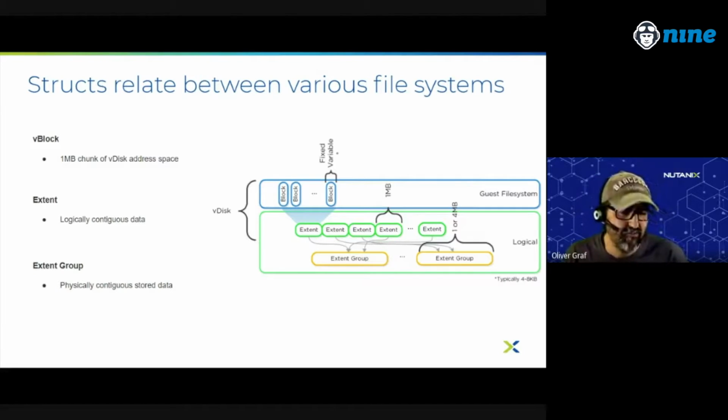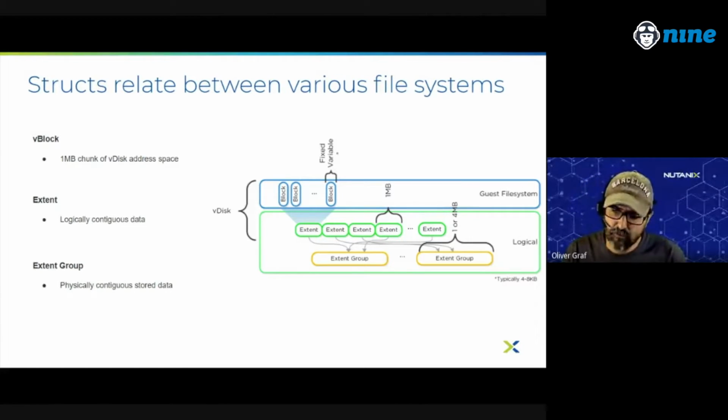Extents are written, read, and modified on a sub-extent basis for actual granularity and efficiency. So an extent slice may be trimmed when moving into the cache, depending on the amount of data being read or cached. The extent group is a 1 megabyte or 4 megabyte piece of physically contiguous stored data.